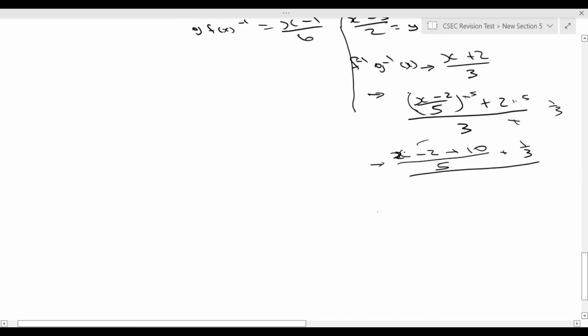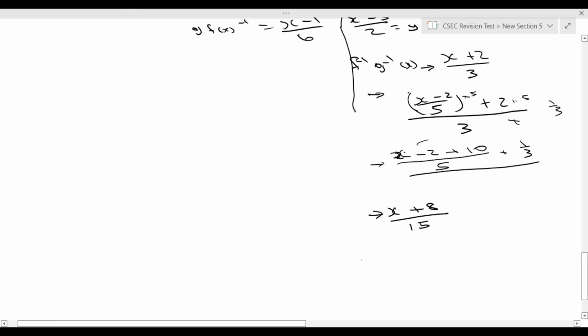And our next answer will be x. This minus 5 plus a 4 will give us a negative 1. This 2 times 3 will give us a 6. Right? So that will give us our answer.